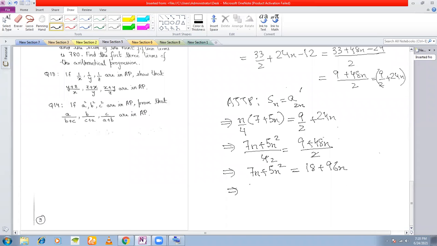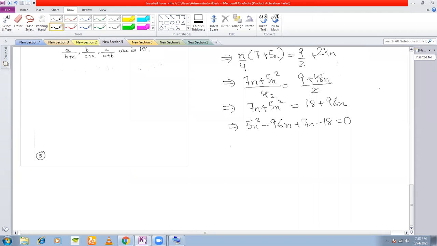That means you get 5n square minus 96n, bringing everything to the left hand side, plus 7n minus 18 is equal to 0. That means 5n square, and this you get, 96 minus 96 plus 7 will give you 89n minus 18 equal to 0.